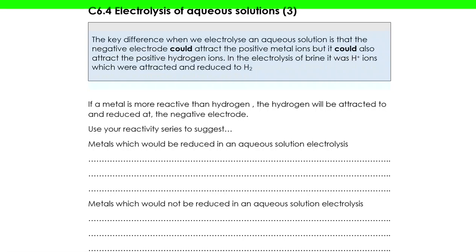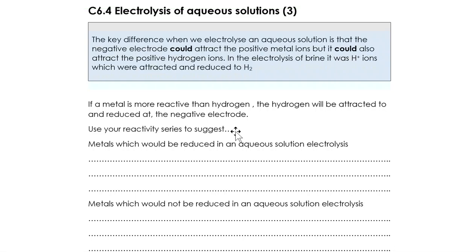So we saw there that we didn't make sodium, we made hydrogen at the electrode. We're given the information here: if a metal is more reactive than hydrogen, the hydrogen will be attracted to and reduced at the negative electrode. So a more reactive metal, we make the hydrogen.